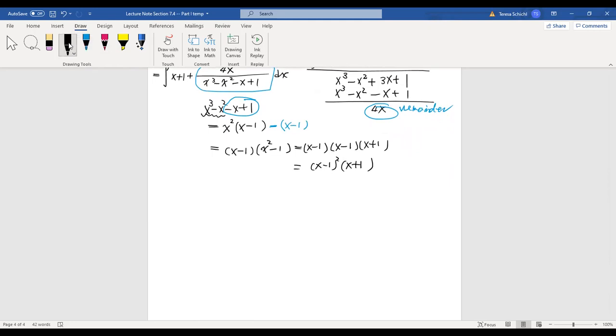All right, so I know the 4x over x cubed minus x squared minus x plus 1, which is x minus 1 squared times x plus 1, can be broken into two terms.